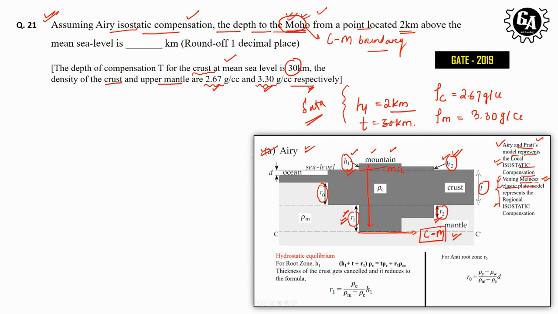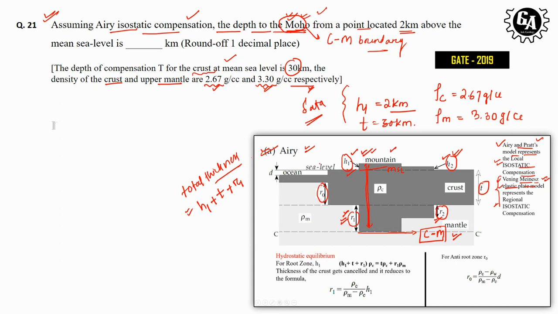So we have to calculate the whole thickness. This total thickness will be h1, the height of the mountain, plus t, the thickness of the continental crust, plus r1, the root zone associated with this mountain of height h1.